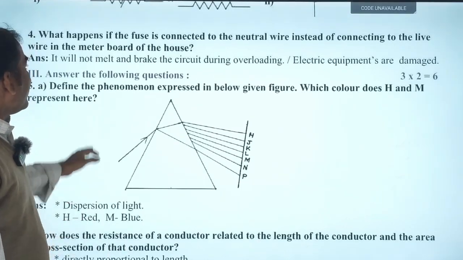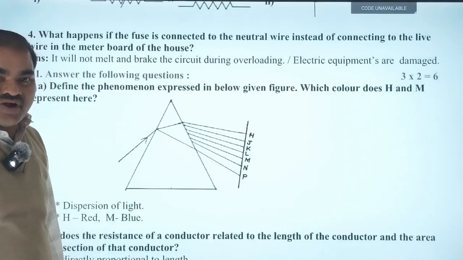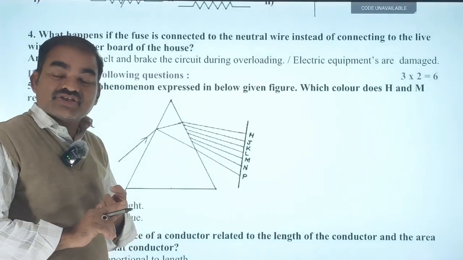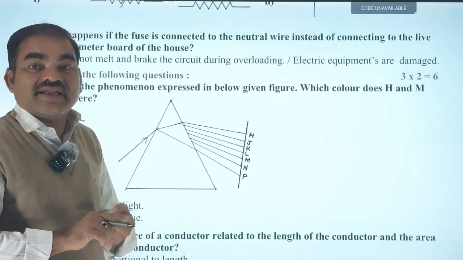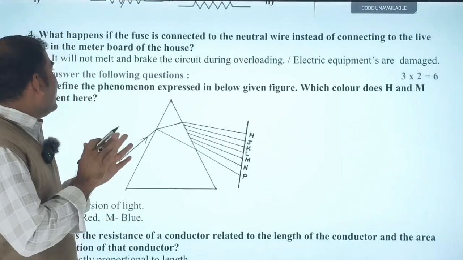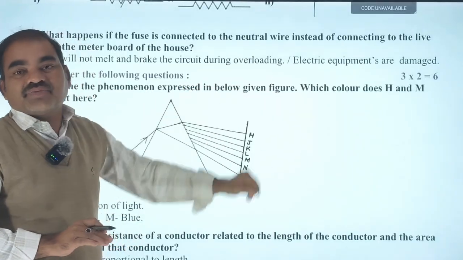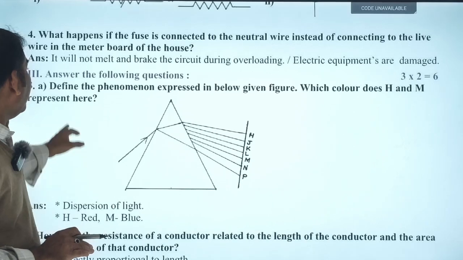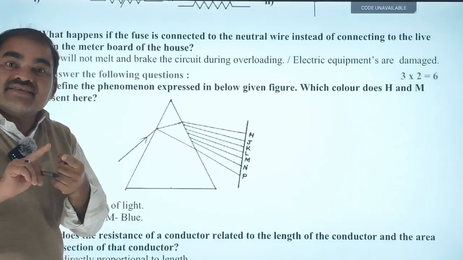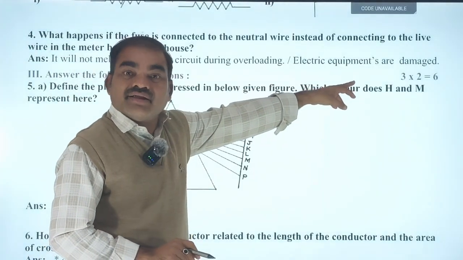Next question: what happens if the fuse wire is connected to the neutral wire instead of the live wire? First, it will not melt and break the circuit during overload, and electric equipments are damaged.